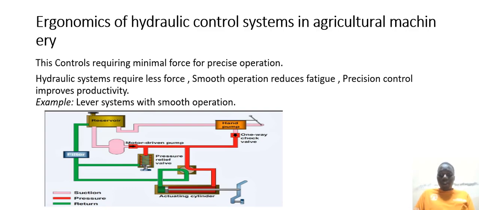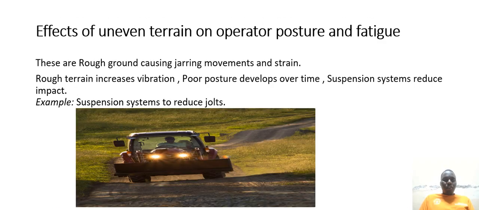Let me continue with another called the effect of uneven terrain on operator posture and fatigue. On that slide, we have a smooth terrain and a sloped terrain. They are very different terrains that can cause uneven operator posture and fatigue.